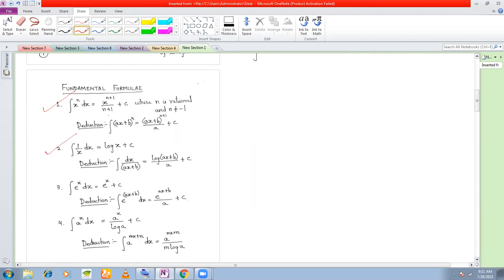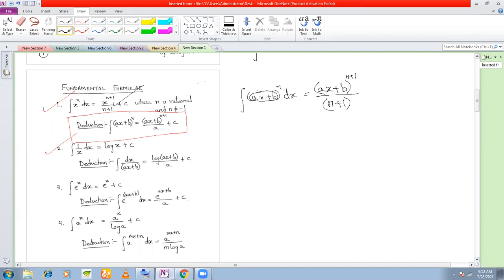And see this deduction here. So what is happening here? When I am integrating ax plus b to the power of n dx, I will consider this entire thing as x and integrate it. The formula for this is ax plus b to the power of n plus 1 divided by n plus 1.